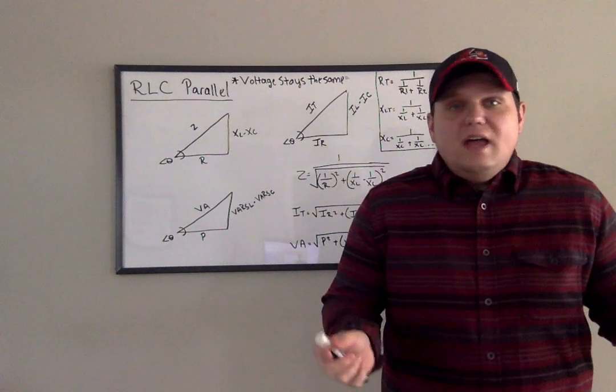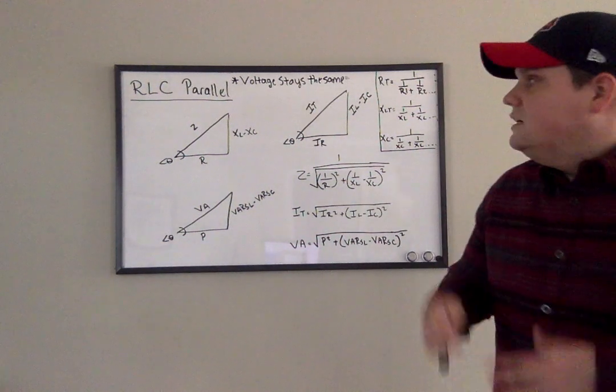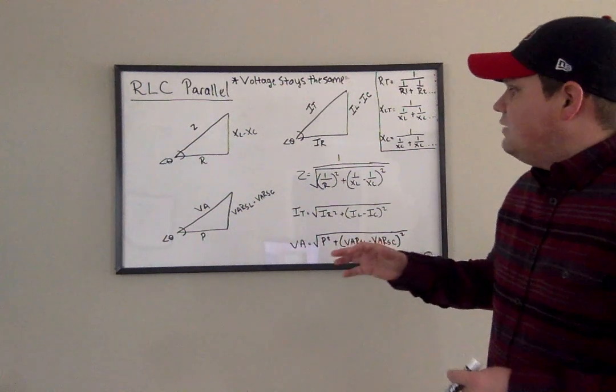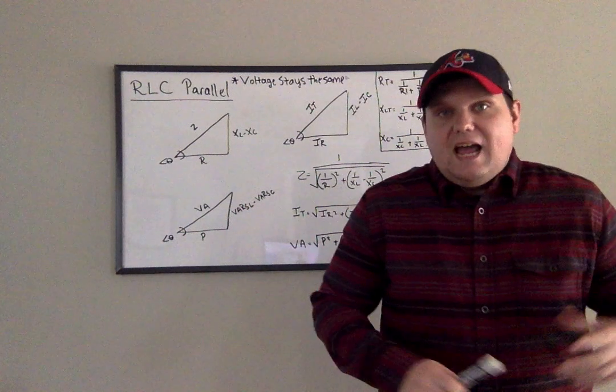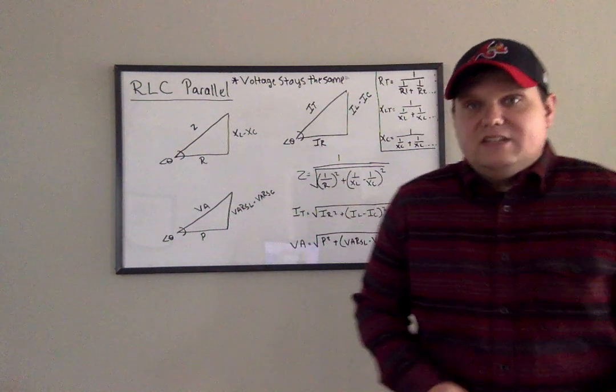This is just like when we did RL parallel and RC parallel. Really the only difference is all of our triangles are still going to have that subtraction for this side here. So that IL minus IC, XL minus XC.